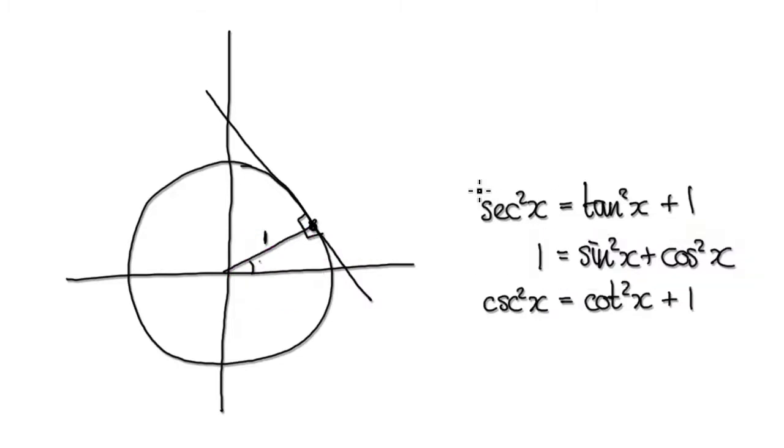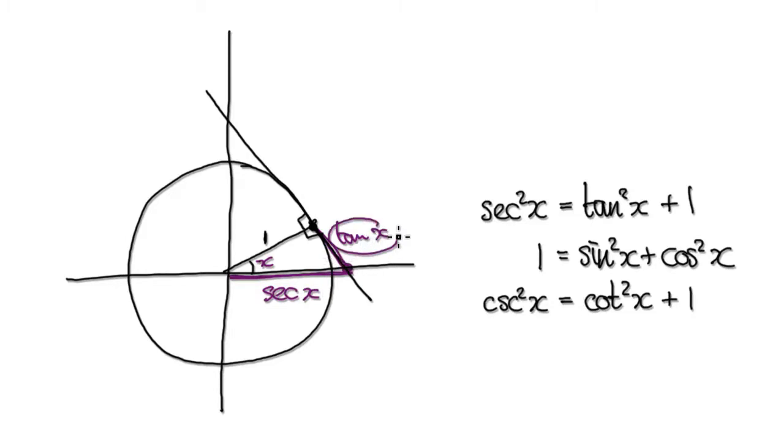Now if you look at the same circle of radius 1, but take the tangent right here, let's say this angle here is x. If you look at this triangle here, it's a right angle triangle because of the tangent line. This bit here must be a right angle. As it turns out, this length here is tan of x, whatever the angle is, and this length here is secant of x, which I will explain in the next video.